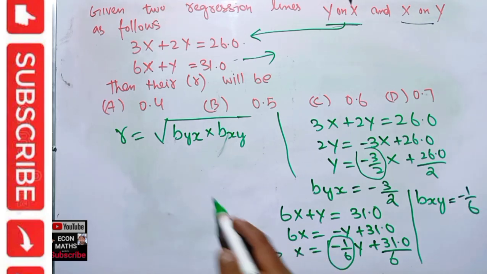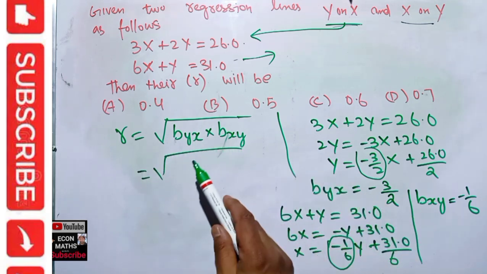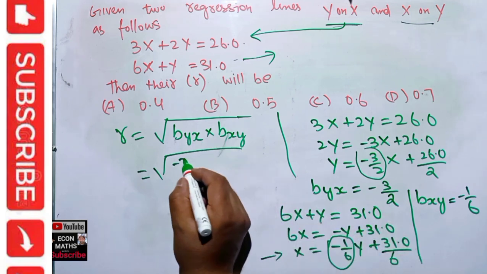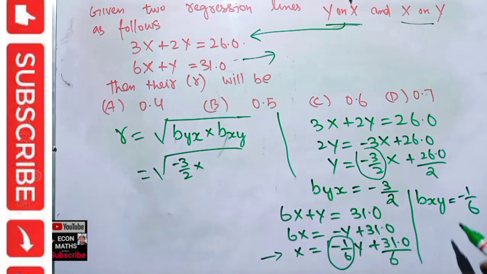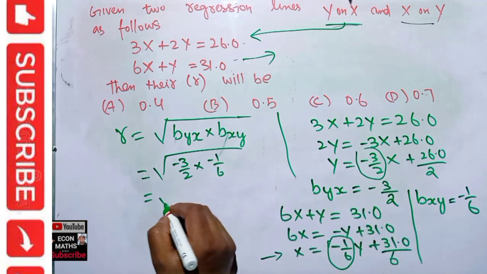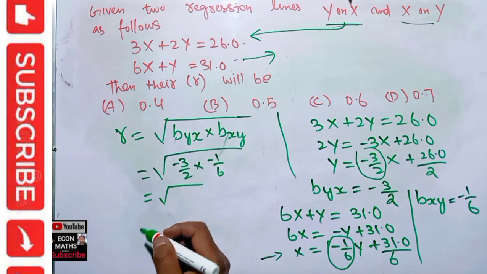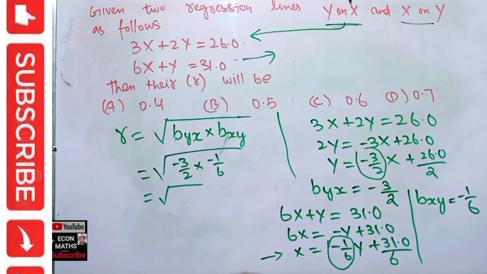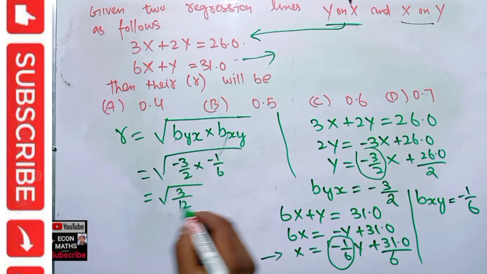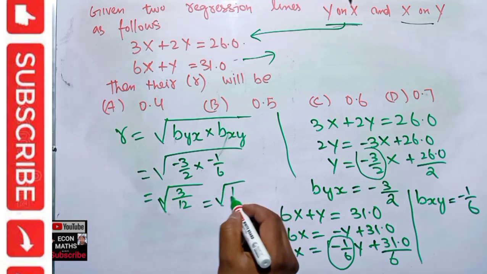Now we can use the formula r equal to the square root of byx, which is minus 3 by 2, multiplied by bxy, that is minus 1 by 6. Here minus minus will become plus because they are in multiplication. So 3 ones are 3, divided by 2 sixes are 12, so this comes out to be 1 by 4.